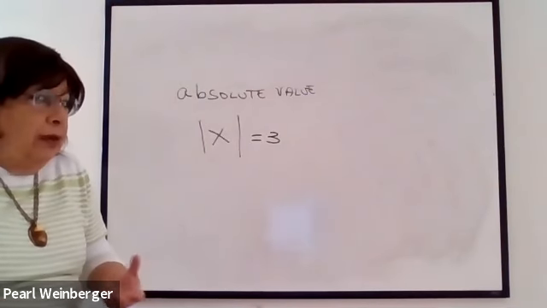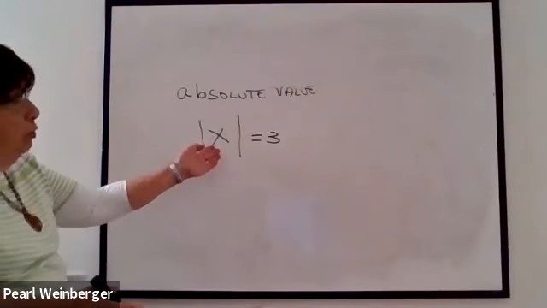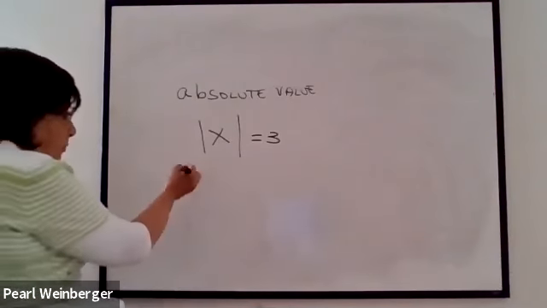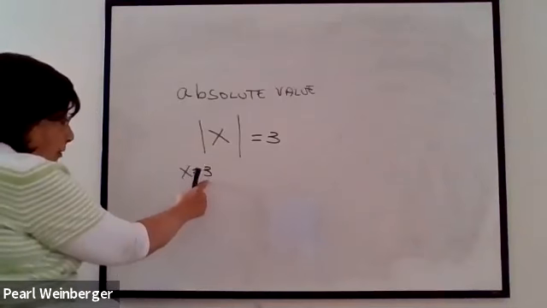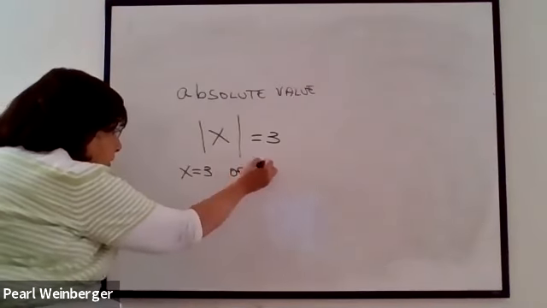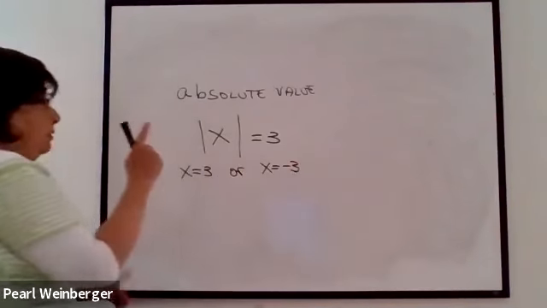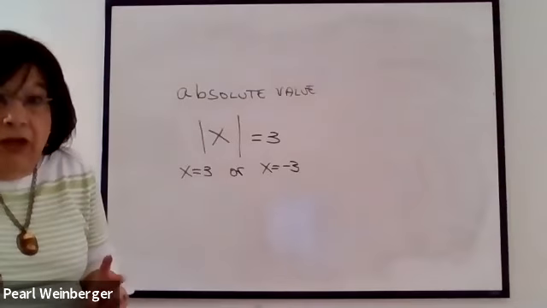Well, if I think about it algebraically in terms of the numbers, there are 2 possibilities that x could be. x could originally have been 3, because certainly the absolute value of 3 is 3, or x could have been -3, because both of these numbers, when you take their absolute value, will give you 3.